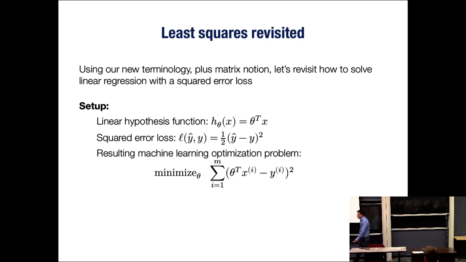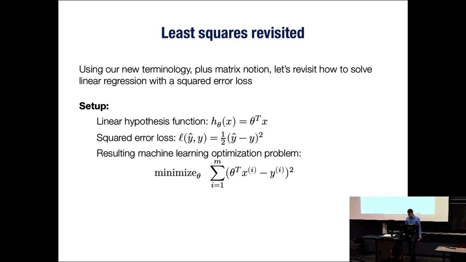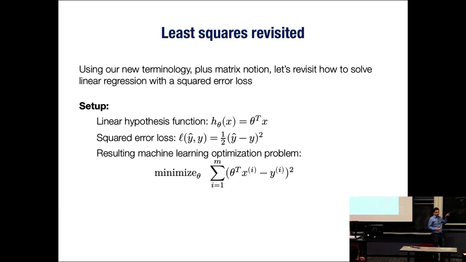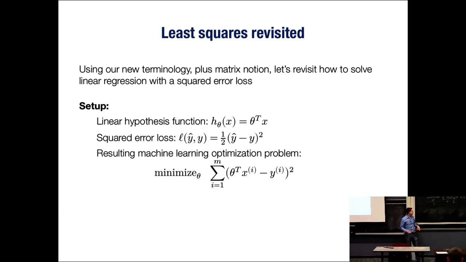Okay, so let's talk about least squares now. We can now define least squares pretty formally by just specifying those three things. First of all, one, linear hypothesis function. That's our hypothesis class for least squares.